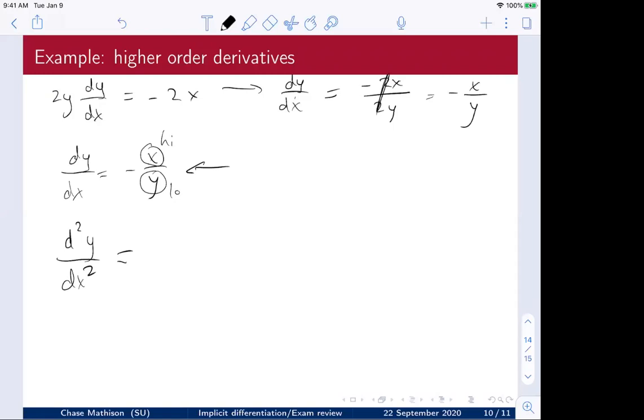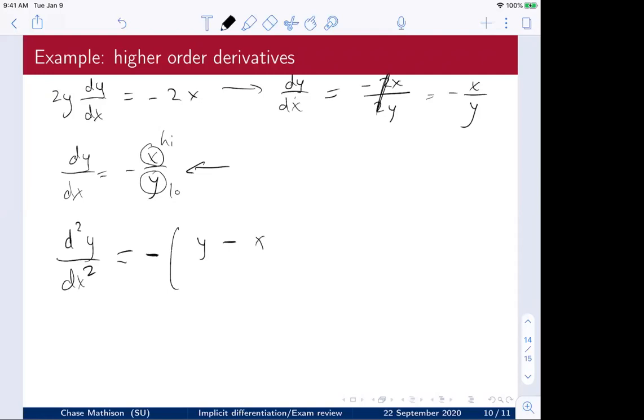So I'm going to do low d high. The negative out in front is just going to come along for the ride, right? So I'm going to get low, which is y, d high. What's d high? Derivative of x with respect to x? Just 1, perfect. Minus high x d low.